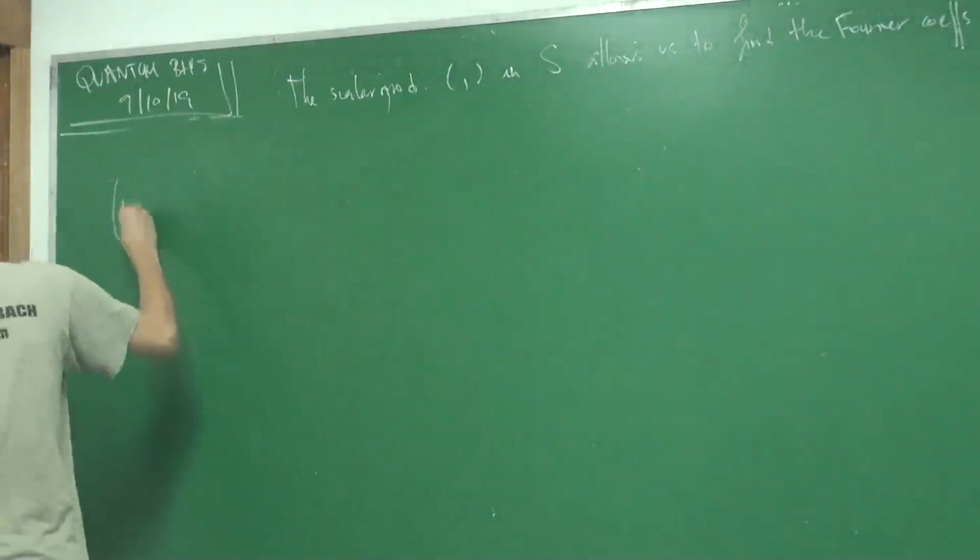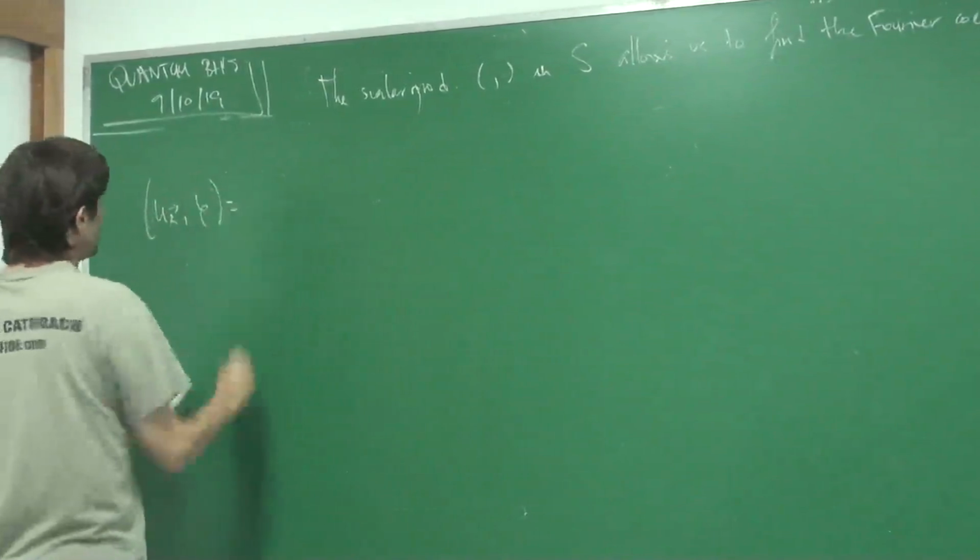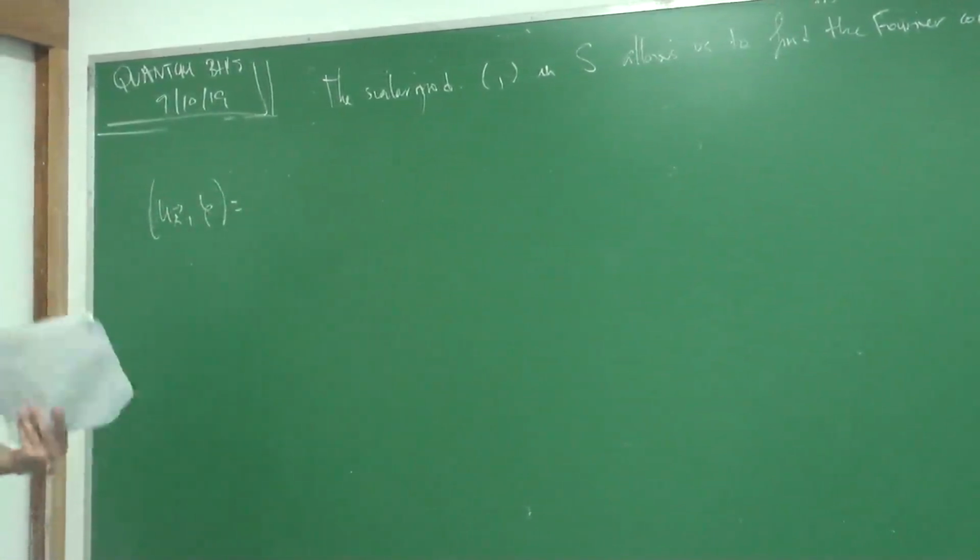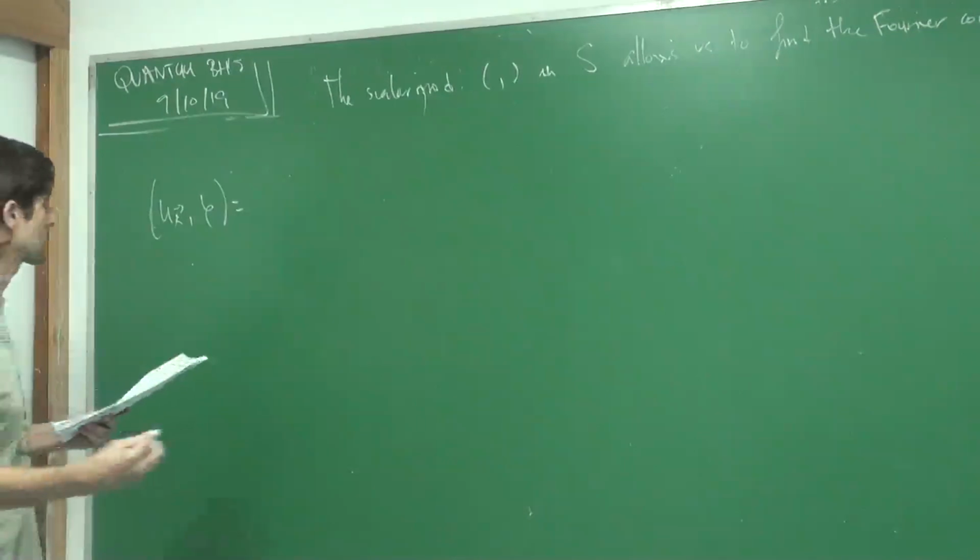So you take the inner product of u_k and your general solution phi, for which you want to get the Fourier coefficients.